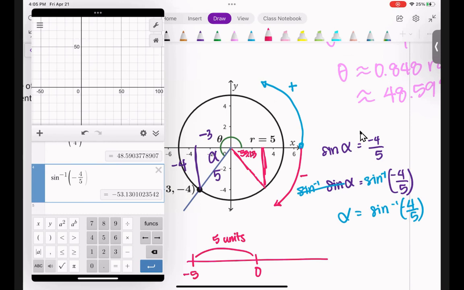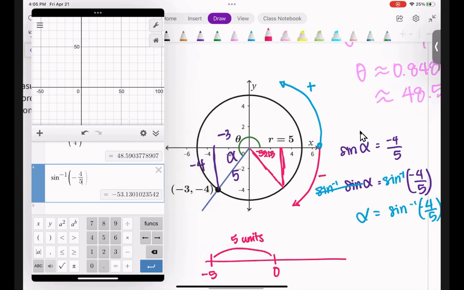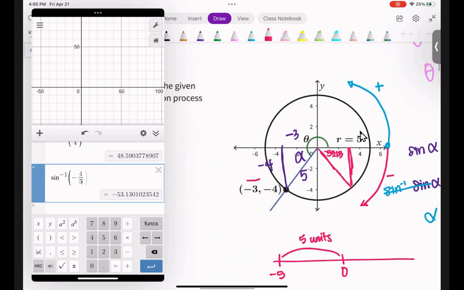So if I take out that negative from my 53.13 degrees, it's just saying that's the angle opening of that angle right there. So are you saying, Ms. Johnson, that alpha is 53.13 degrees? Yeah. So this angle here is 53.13 degrees.